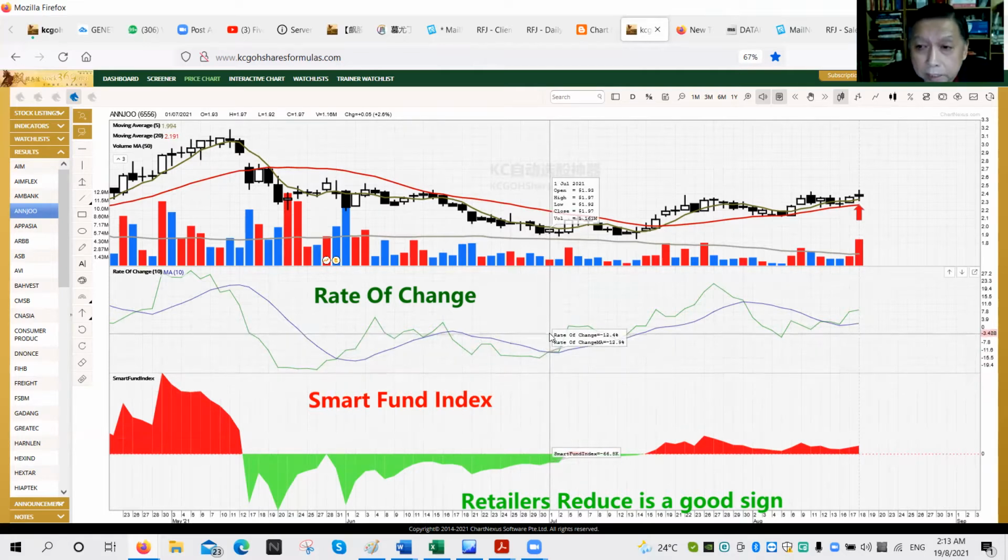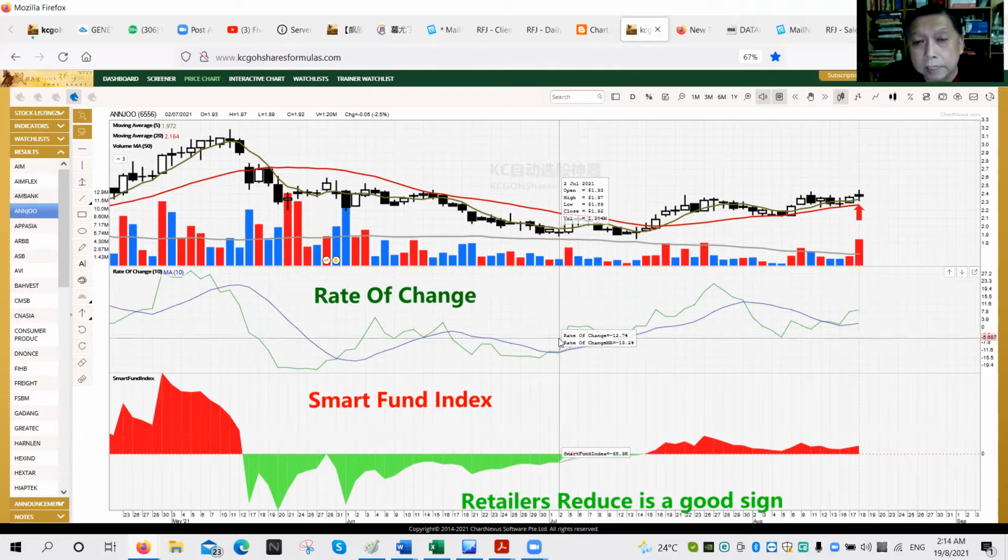Okay, since it's an end of day chart, we look at the chart for July 1st, and we decided that this is the entry point. So we have to enter the next day, July 2nd, at the opening price.